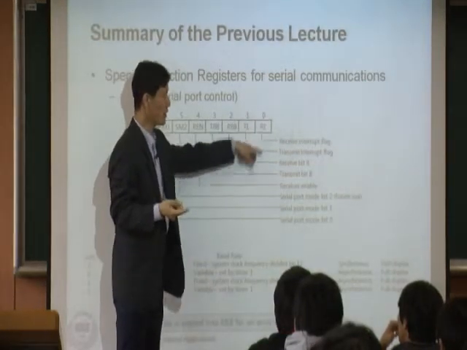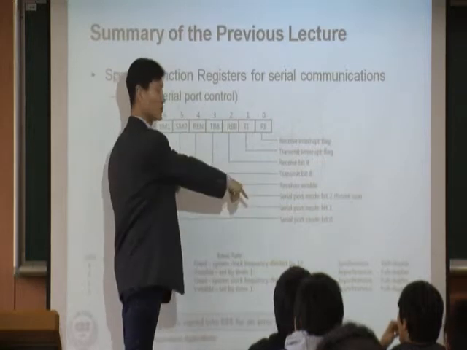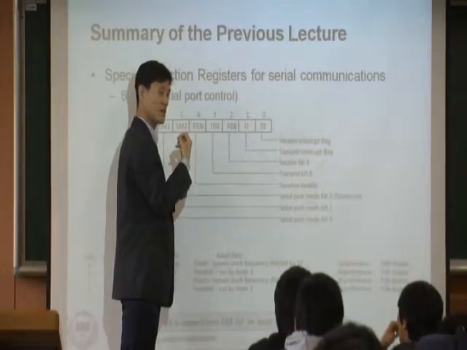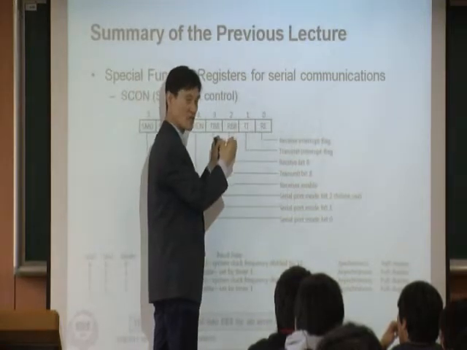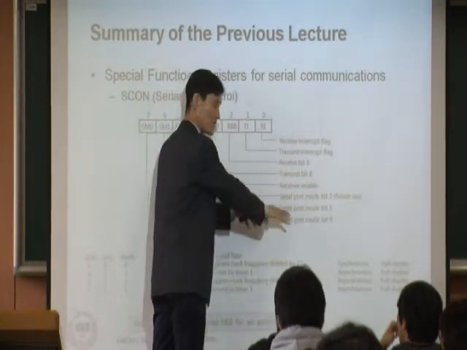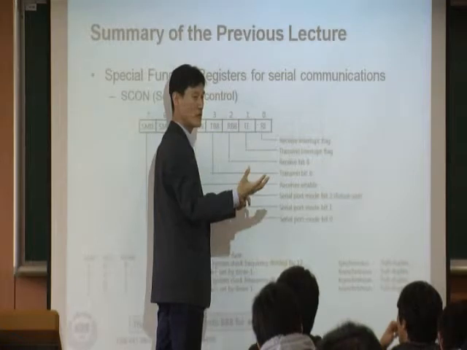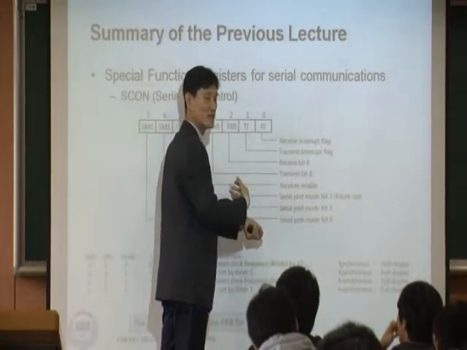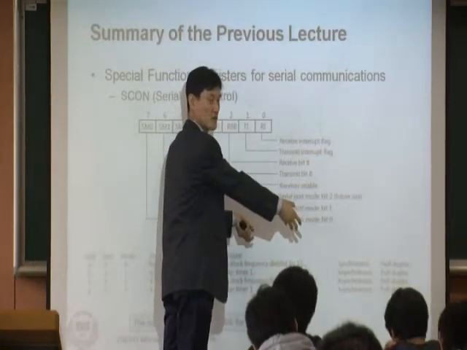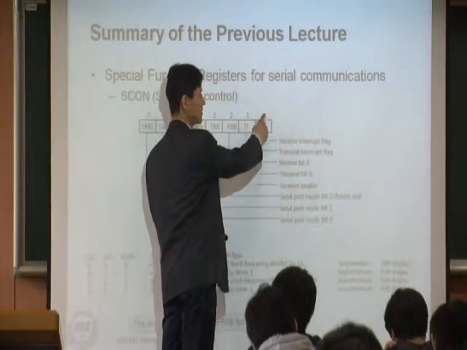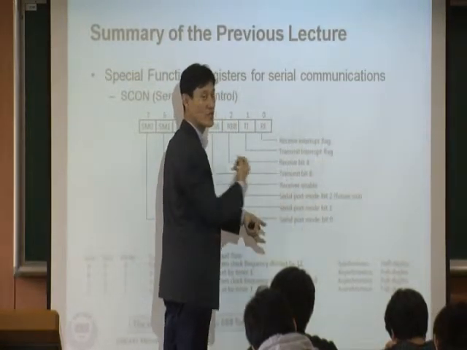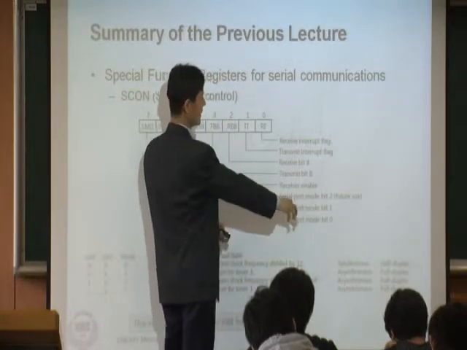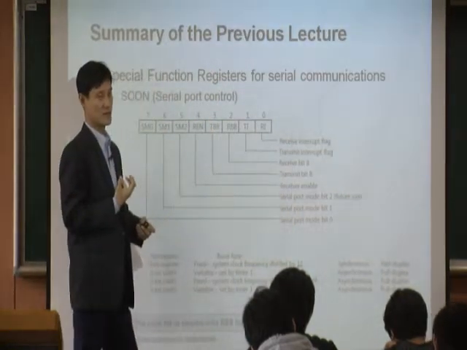Once this becomes 1, it's time to go to SBUF and read, because the hardware already finished, received it successfully, and put that value into SBUF. So your value is ready to read at the SBUF. Now go there and read the value from SBUF.